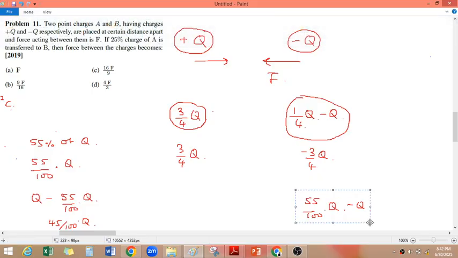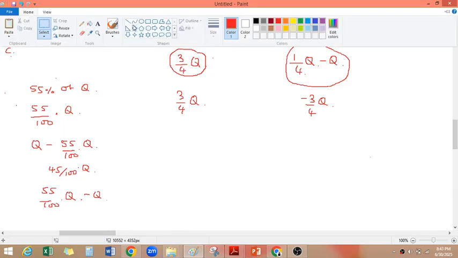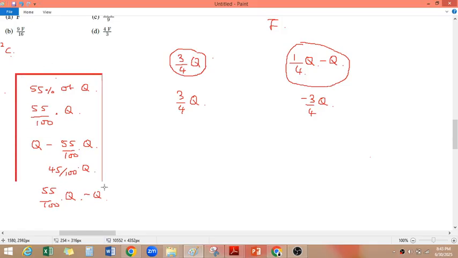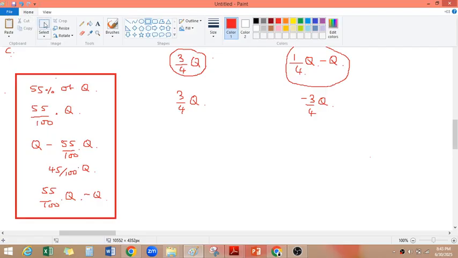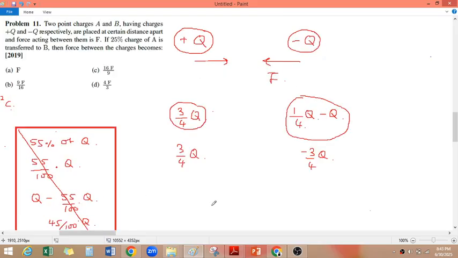I am just giving you this for your understanding. This is not required for this problem. If they want to make it difficult, they can make it difficult like this. That's all. Once I give you this, it's a simple problem.